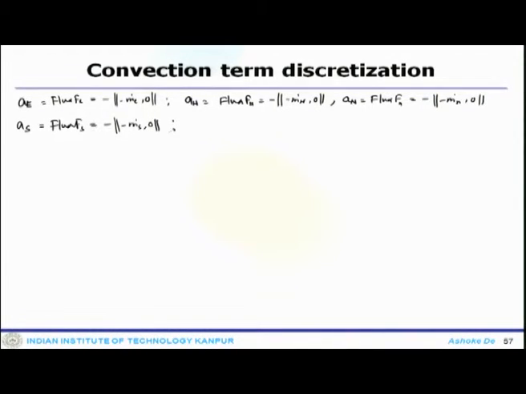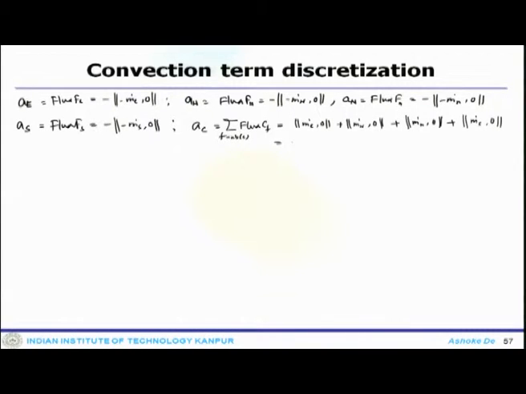And finally you get A_C, which is the summation over all the faces of flux C_f. That will be m dot E, 0 plus m dot W, 0 plus m dot N, 0 plus m dot S, 0.